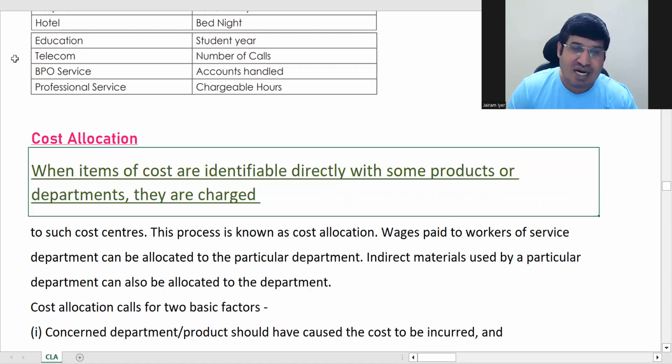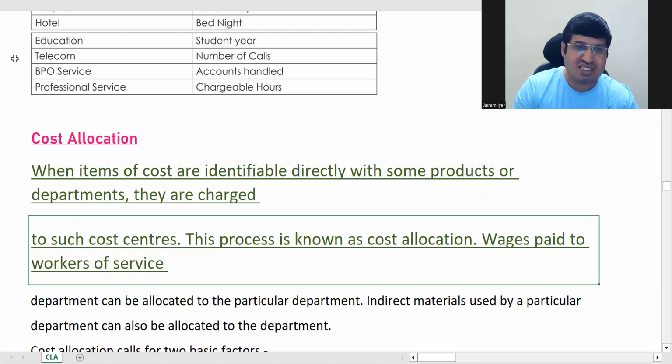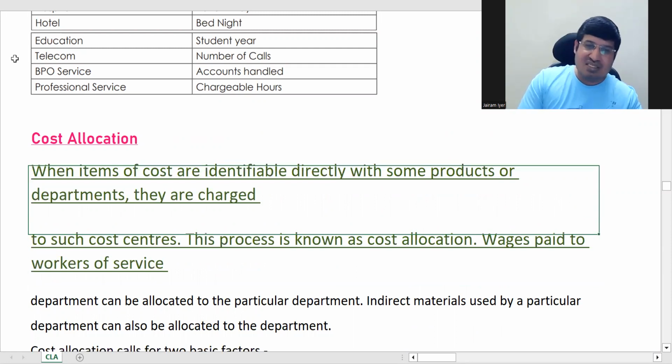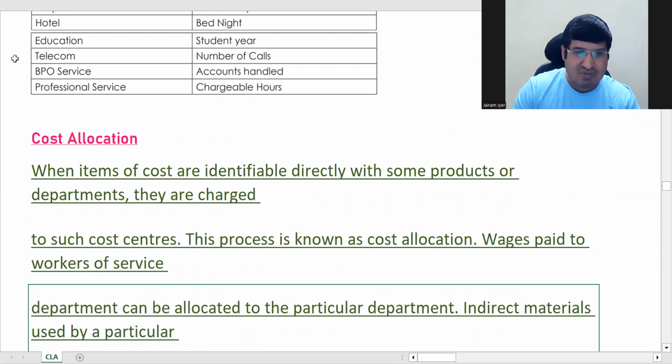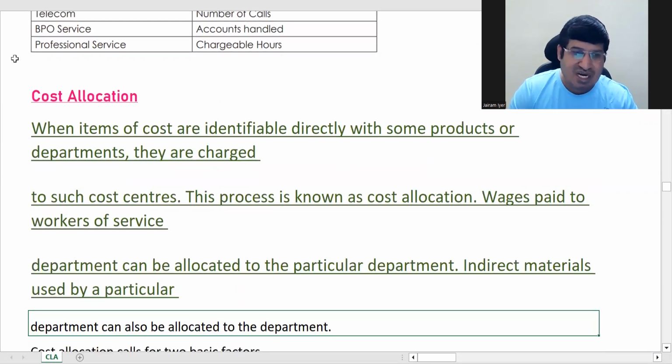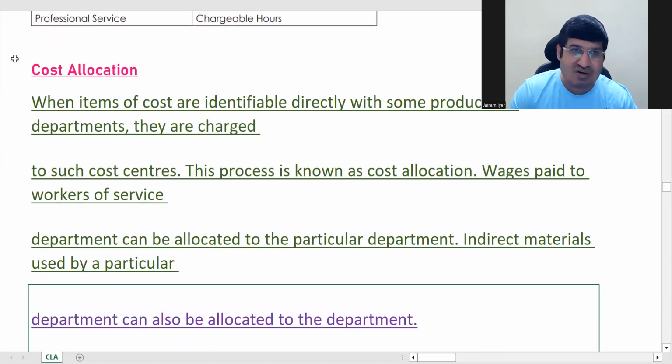This says when items of cost are identifiable directly with some products or department, they are charged to such cost centers. This is called allocation. For example, wages paid to workers of a service department can be allocated to that particular department. Indirect materials used by a particular department can also be allocated to that department.